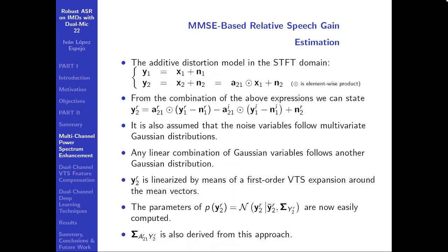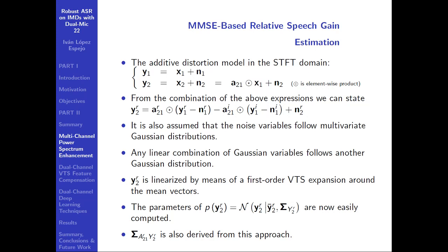To do this, we first adapt our dual-channel speech distortion model to the STFT domain this way. Next, we combine both expressions, so y sub 2 could be fully determined from the noisy observation at the primary channel if we had knowledge about the speech gain term and the noises. And then we assume that the noise variables follow multivariate Gaussian distributions.